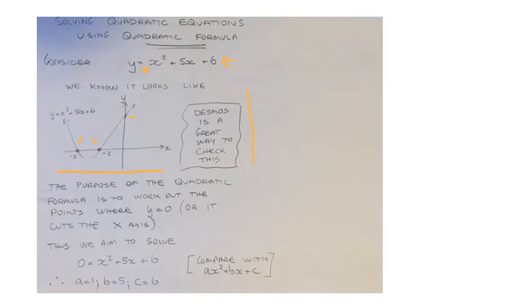Desmos, your calculator, is telling you that, and part of the toolbox we need is to be able to come up with those values ourselves without relying on the calculator.